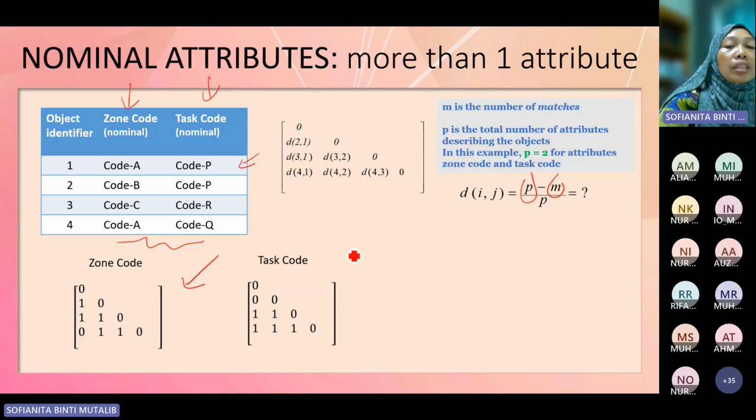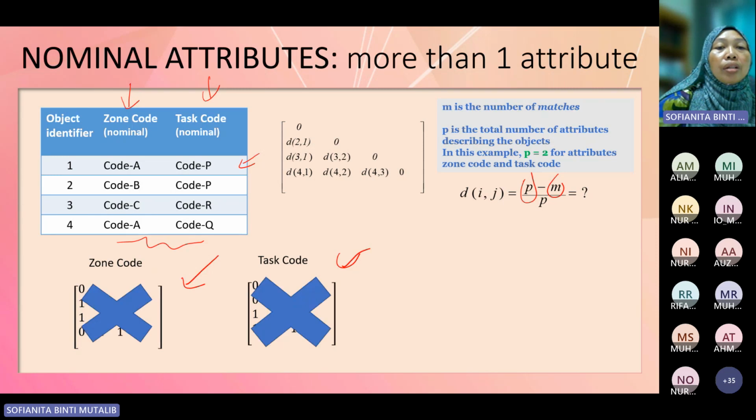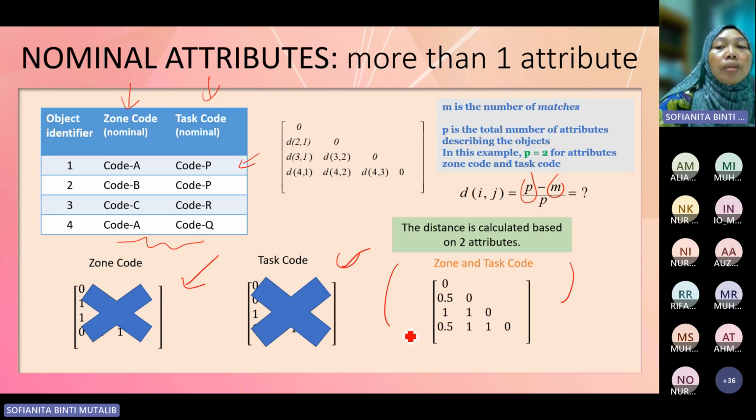It should not be done separately; we have to look at how many attributes show the matching value, generated based on zone and task code.